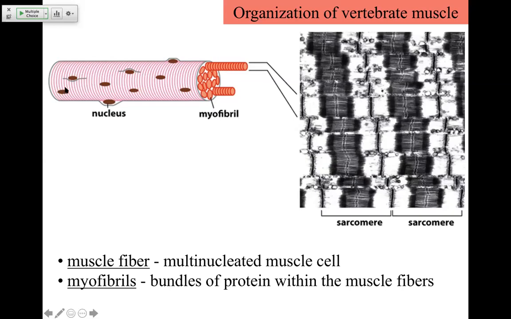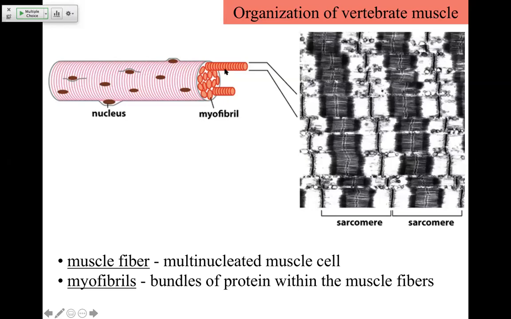Here on the left-hand side, we're looking at a muscle cell, which we call a muscle fiber, because a differentiated functional muscle cell is actually formed from the fusion of a number of myoblasts, young undifferentiated cells fused together to form this giant cell, which contains a number of nuclei.